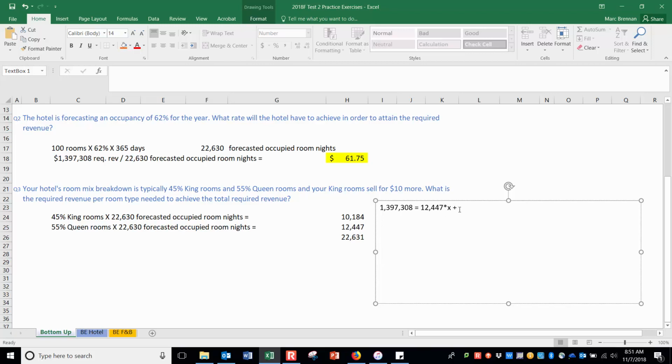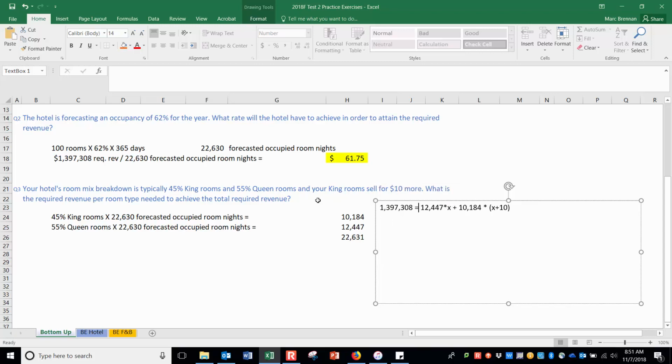I don't know that ADR yet. And then I'm also going to have to sell 10,184 rooms, and that's going to be the queen room plus the $10 more. Okay. So if we break it down again, this is my required revenue that I need to make in order to reach my net income goal.